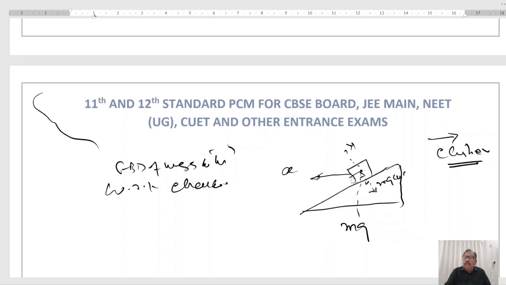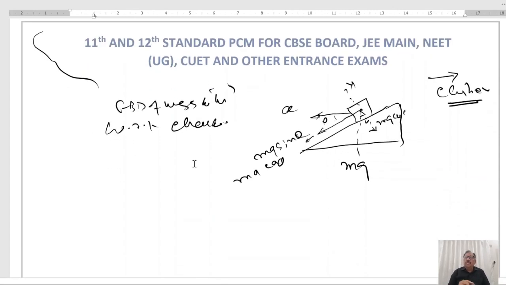one component will come mg sin theta. Resolving the weight into two directions, one perpendicular to the plane of the surface, one along the plane. This is theta. This will come out to be ma cos theta, upward will be ma sin theta. Right?